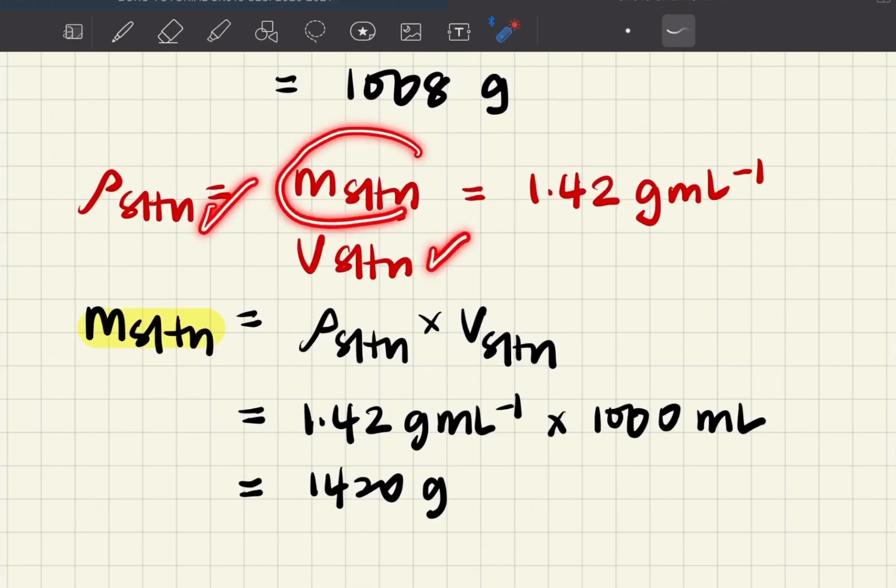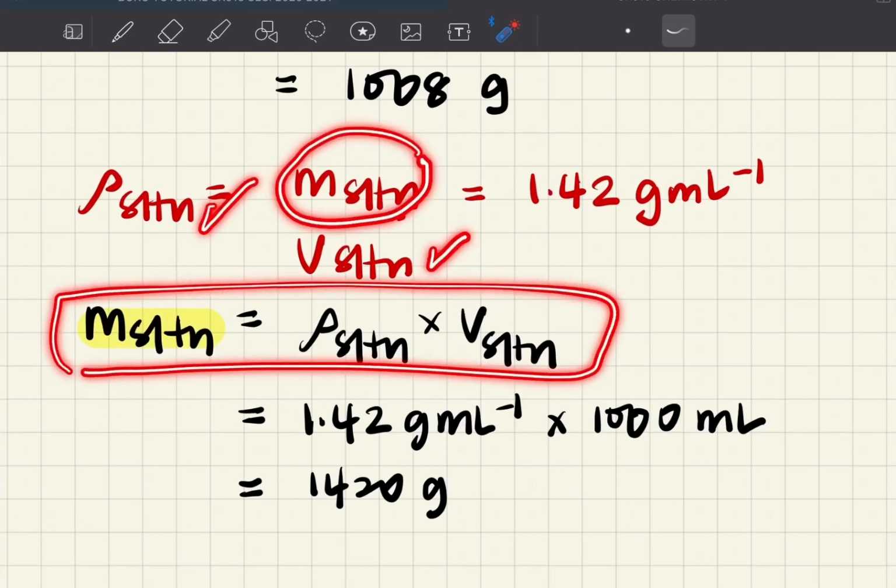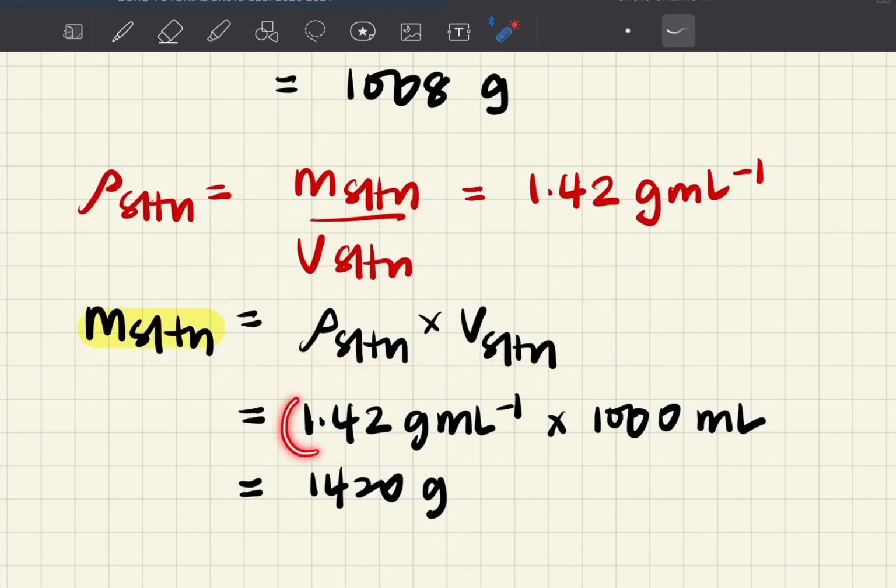So to find this, you just rearrange your formula into mass of solution equals to density times volume. Then you plug in your values. Make sure that your volume is in milliliter, because your density is in grams per milliliter.